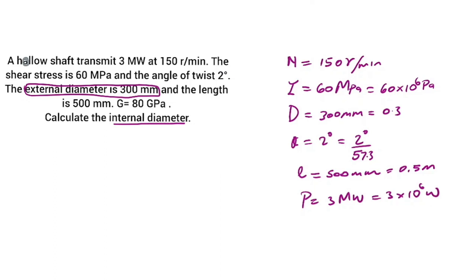Then we've got the modulus of rigidity, which is 80 times 10 to the exponent 9 pascals. Then we're required to find the internal diameter. We'll represent it by the small letter d.